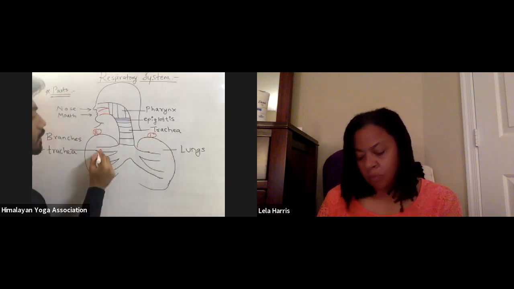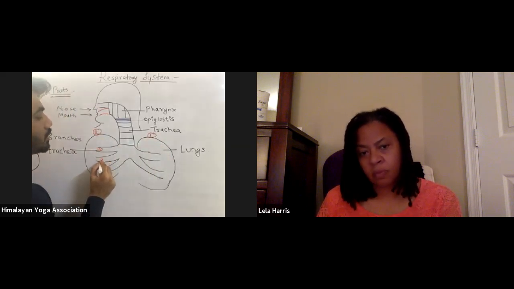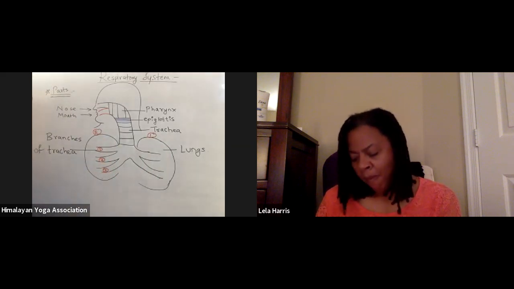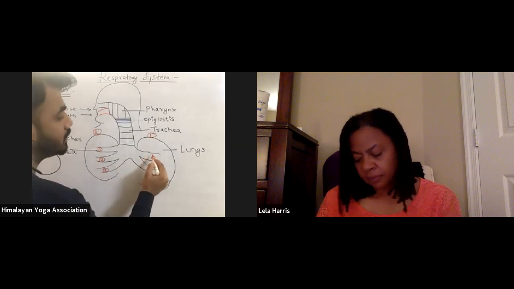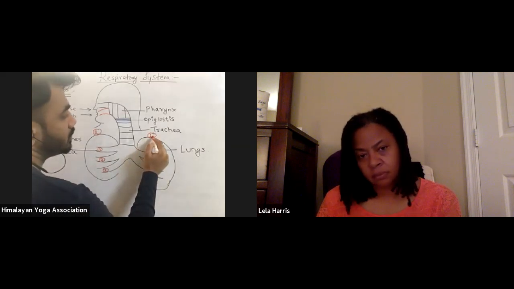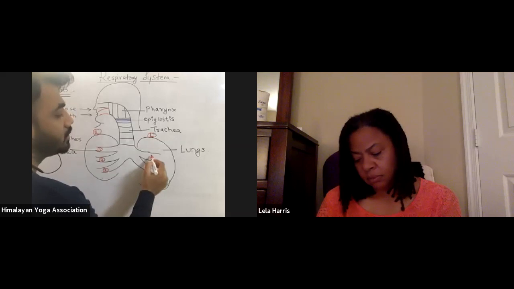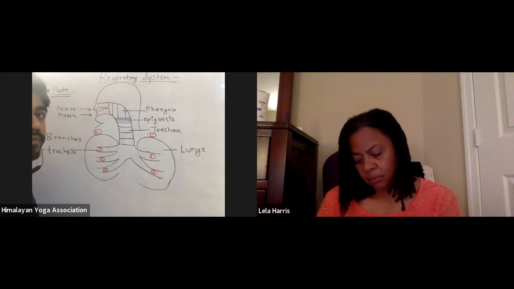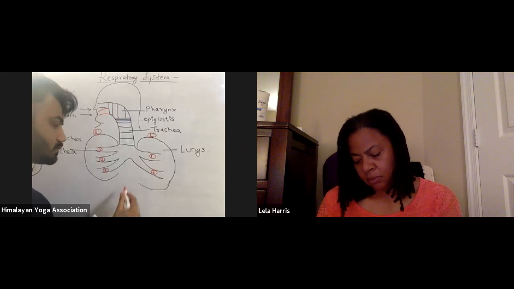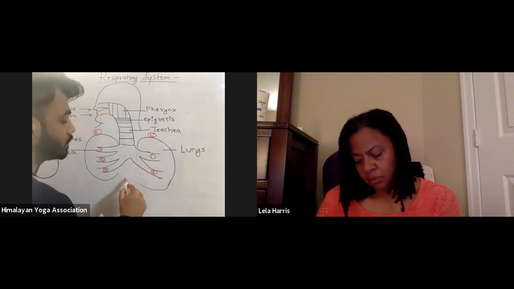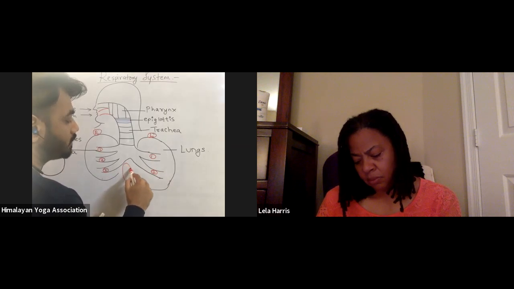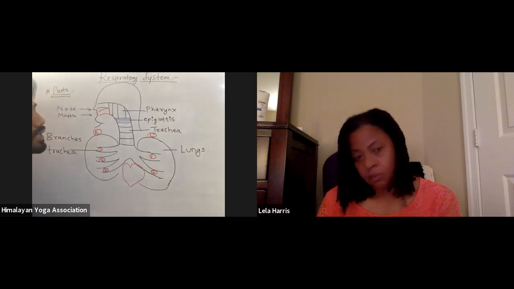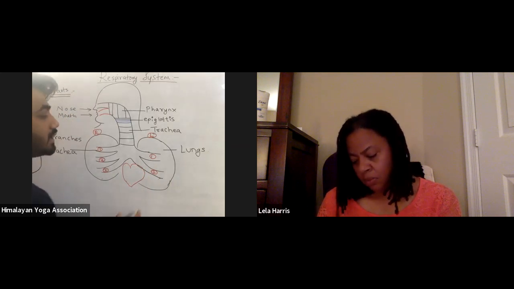Can you notice here? This is 1, 2, 3 branches of trachea in the right lung. And if you see here, this is your left lung, L. There you will find only 2 branches of trachea. Why? Because of the heart, which is located right in the center but slightly tilted to the left side.